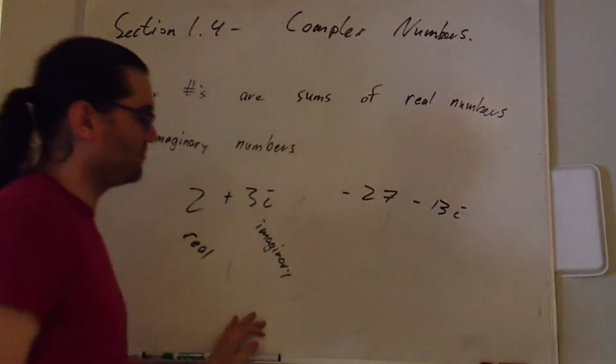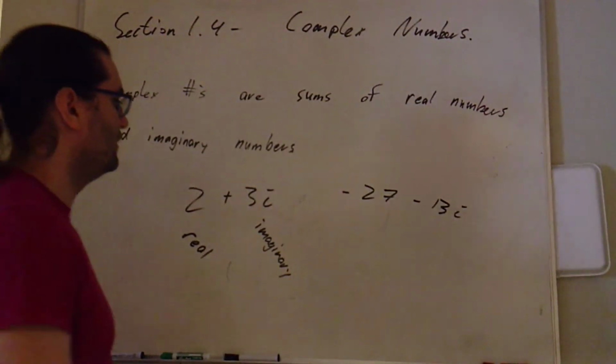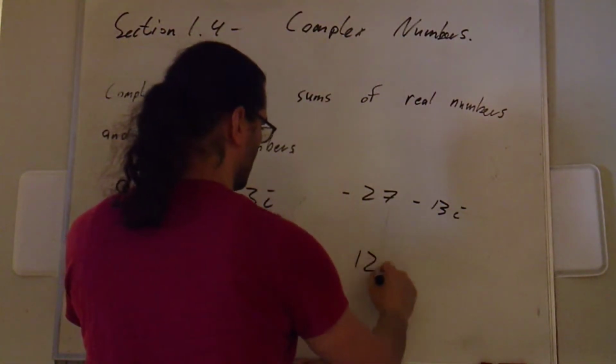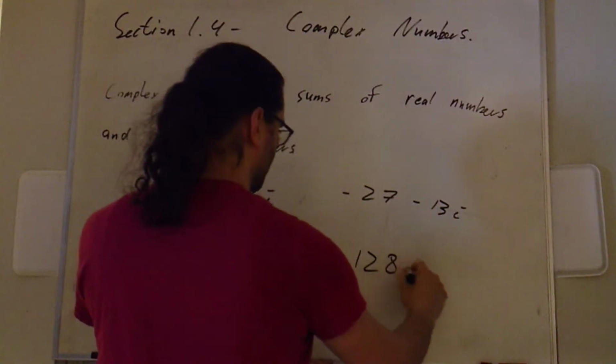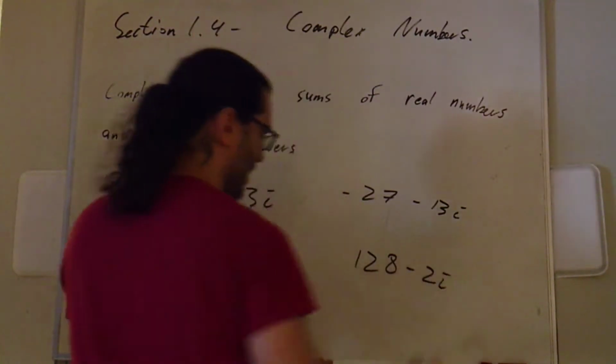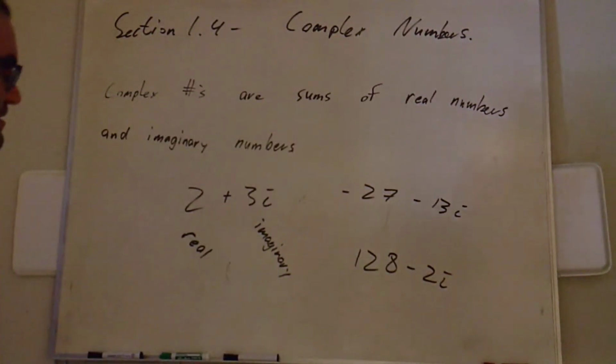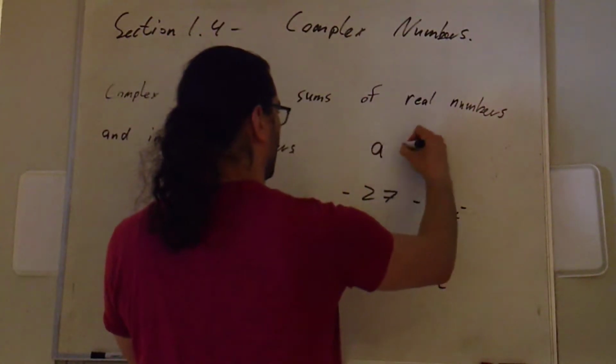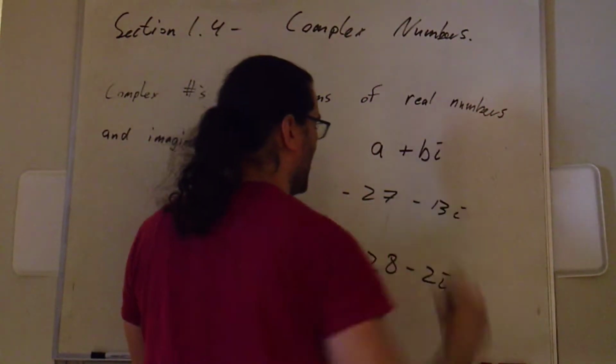This is also a complex number. 128 minus 2i. This is a complex number. Anything that can be written as the form a plus bi.